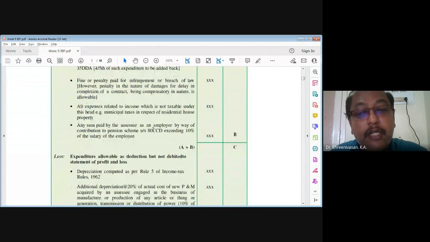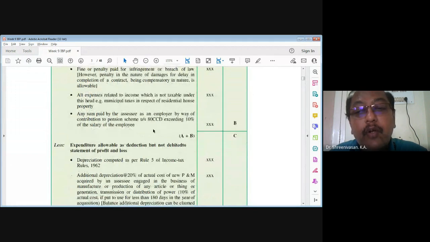All expenses related to income which is not taxable under the head of income from business or profession. For example, municipal taxes, which will normally be claimed under the head of house property for residential house properties.